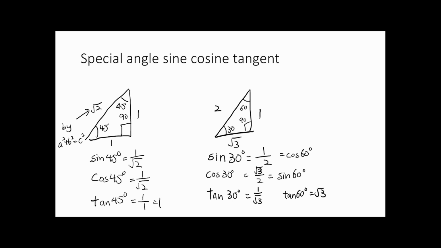You can see that cosine 60 degrees is actually equal to sine 30 degrees, and cosine 30 degrees is actually equal to sine 60 degrees. You can see the relationship of sine and cosine would be sine theta equals cosine of 90 minus theta.